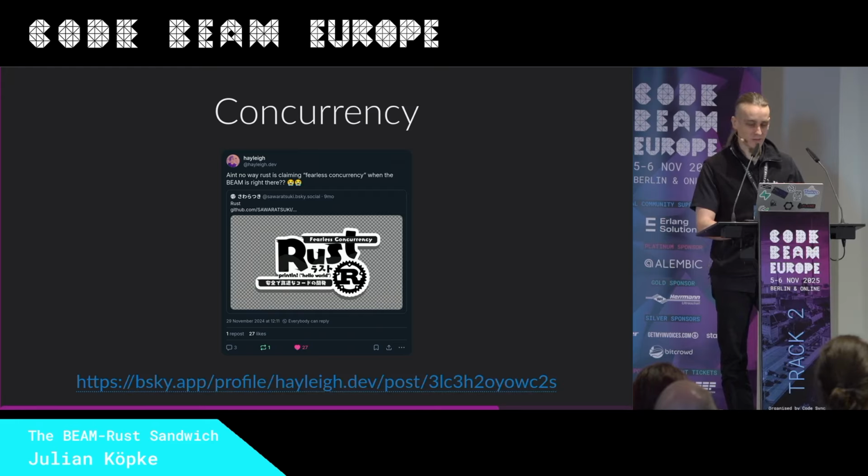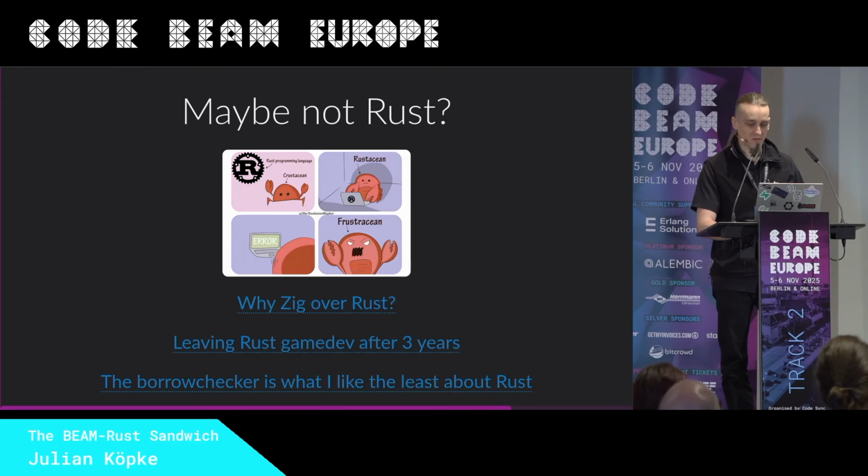And then there are also a lot of reports on the internet where people started doing things in Rust, but actually they were not happy with it, and maybe a few years later they decided this is not the right language for me.